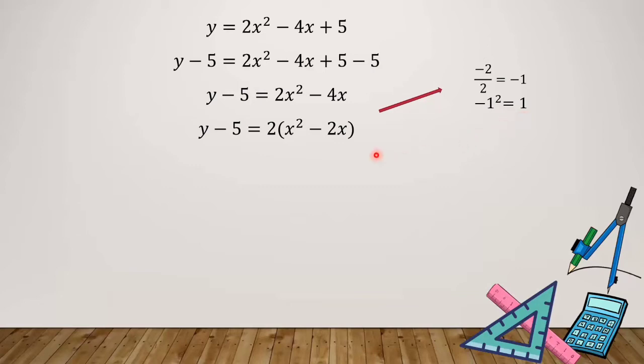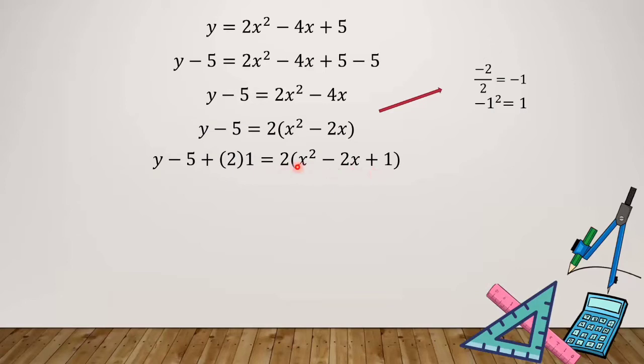So, it will become y minus 5 plus 2 multiplied by 1 is equal to 2 multiplied by x squared minus 2x plus 1. Kung napapansin nyo, class, why is there a positive 2 here? Because we multiplied by 2 on the other side, which is 2 multiplied by x squared minus 2x plus 1.